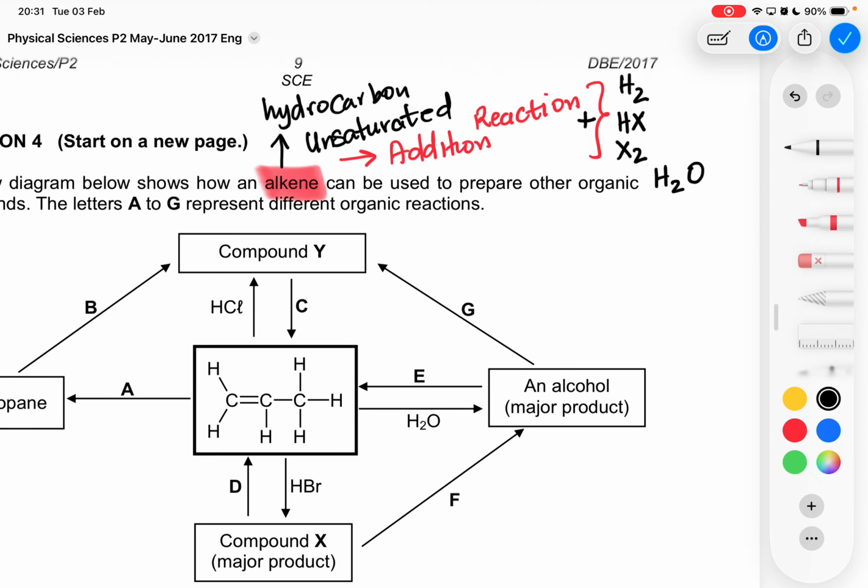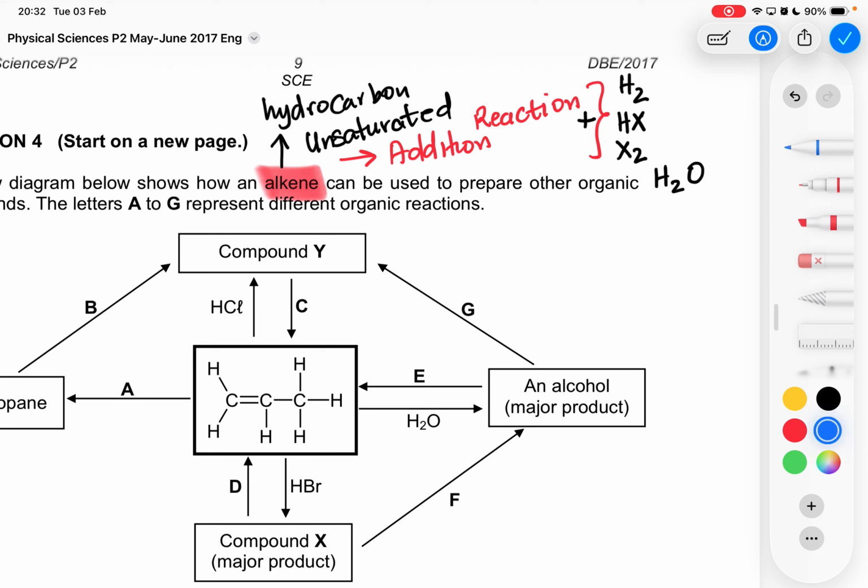So these are 4 types of addition that this alkene can undergo. When you add hydrogen, we call it hydrogenation. When you add hydrogen halide, we call it hydrohalogenation. When you add a halogen, we call it halogenation. When you add water, we call it hydration. So those are the 4 possible, and you must know the conditions for them.